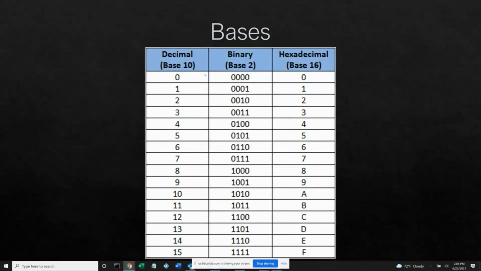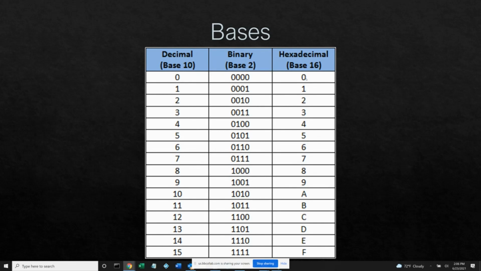And just to show you how that works, in base 10, we can go from, say, 0 to 15, and in binary, we would represent that by 4 bits, which is actually referred to as a nibble. So yeah, 8 bits is a byte, 4 bits is a nibble.